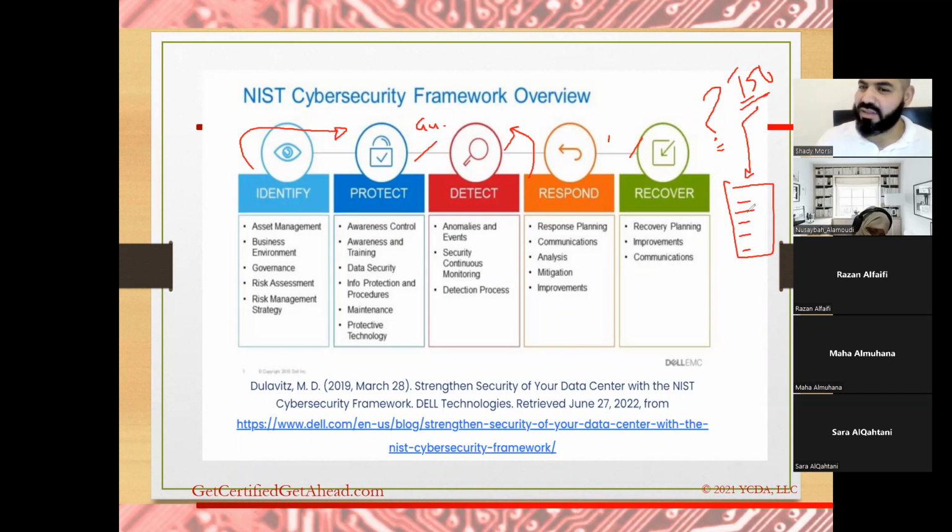ISO, on the other hand, before they give you the certification of 27,000, what they will do is send an auditor to see if you have already implemented all the controls or not. That's why sometimes you find on LinkedIn, we need a 27,001 or 27,000 series auditor.